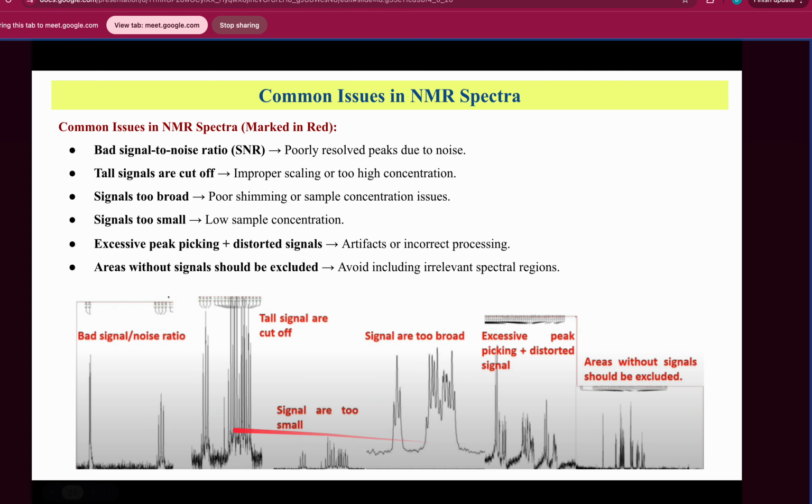This shows what the issues with the spectra are and how a faulty NMR spectrum will appear. We need to make sure that the NMR spectrum we use for analysis is well defined. The peaks should be well separated from each other, and should not be very broad, too shallow, or very small. These are the things we need to keep in mind while analyzing the NMR spectrum.